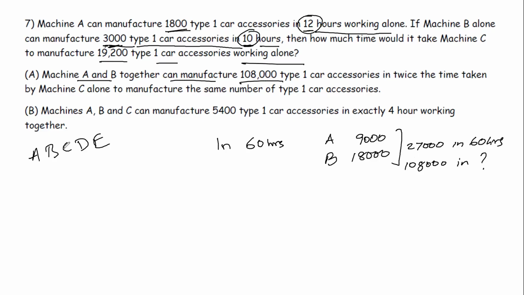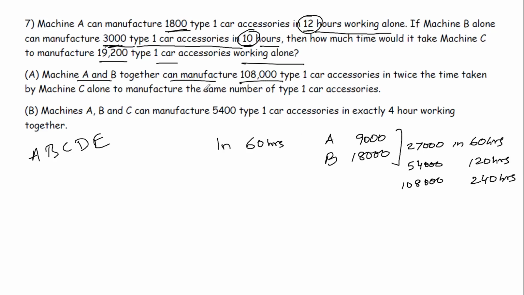Instead of doing the unitary method, I'll just double this. So 120 hours, it is 54,000, right? 27,000 in 60 hours, 120 hours, 54,000, and then 108,000 in 240 hours. And that is the time taken.